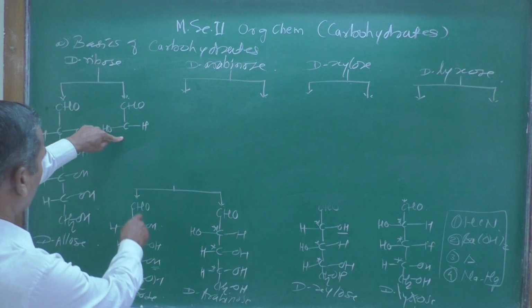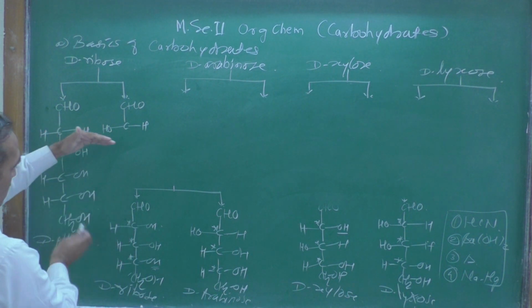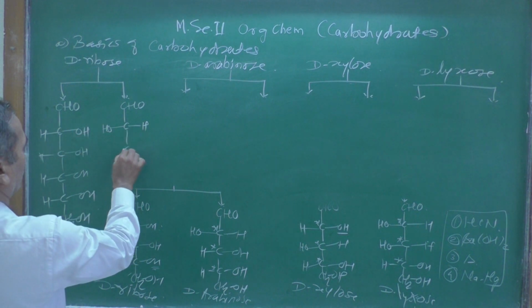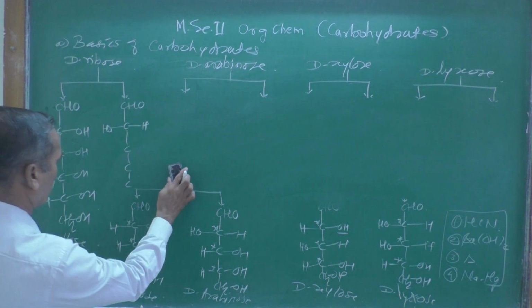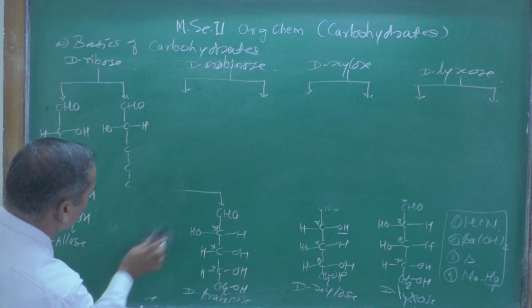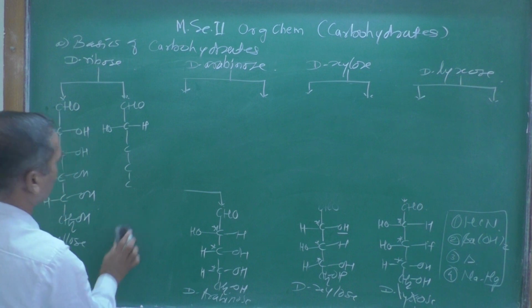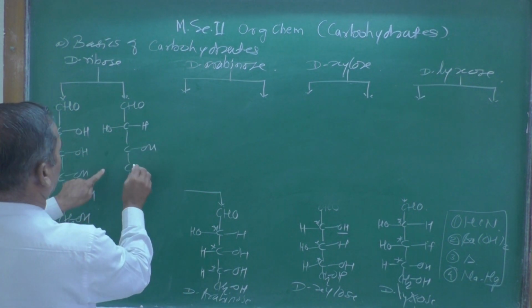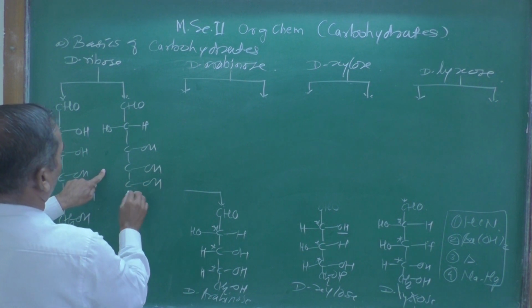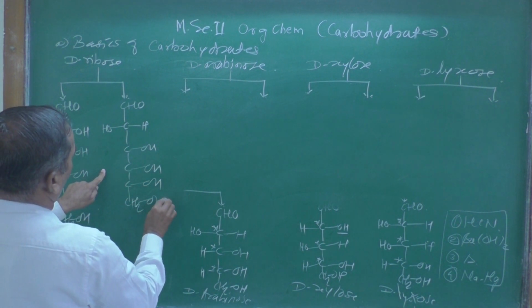Now here also, once you write down as it is 1, 2 and these 3. Let me clean over here so that we finish the work of this. So here, what is there? OH on the right hand side, OH on the right hand side, OH, and then CH2OH.